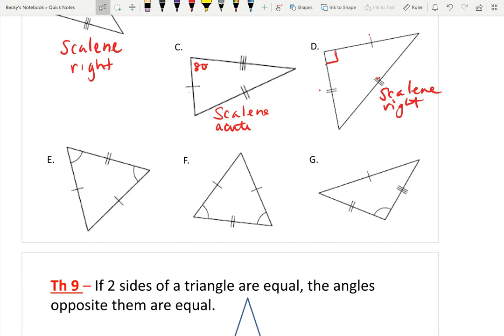Now on this one, I have two equal sides, so this is isosceles, and technically these are both acute. I think F is the exact same picture, just rotated, so the same answers go to F: isosceles and acute.